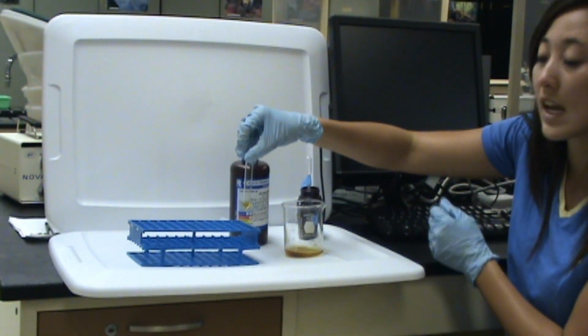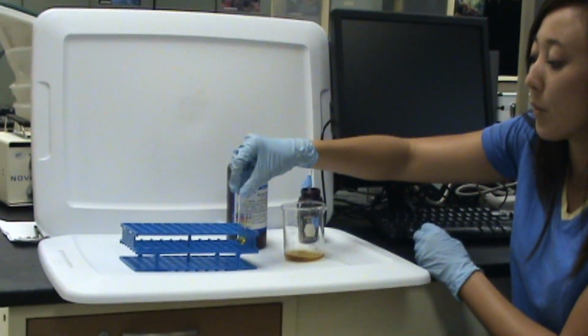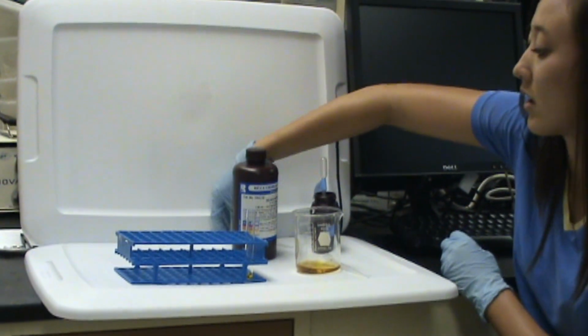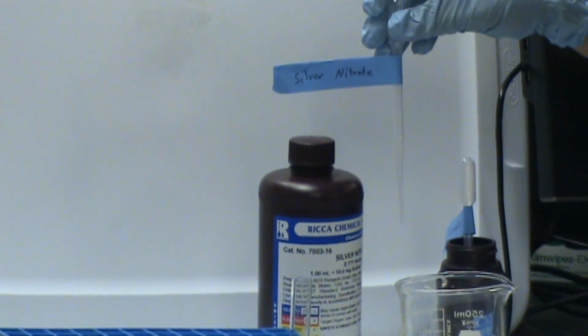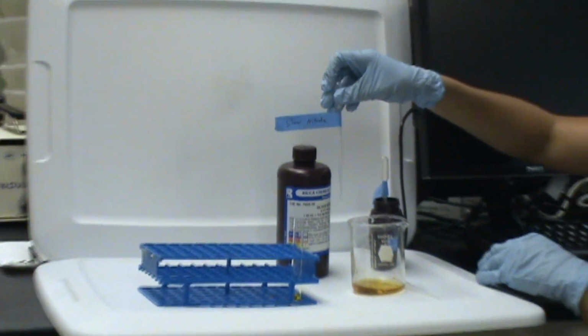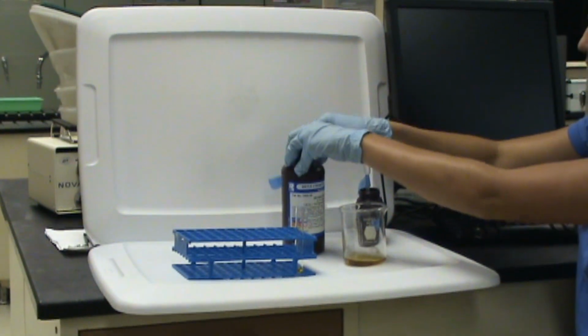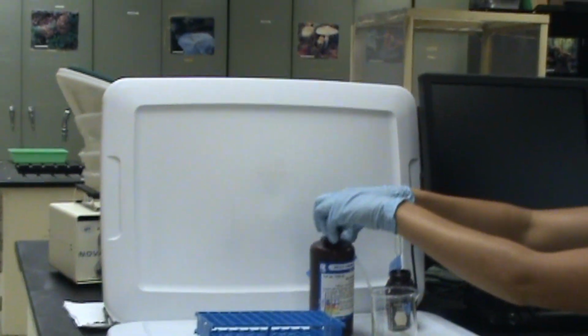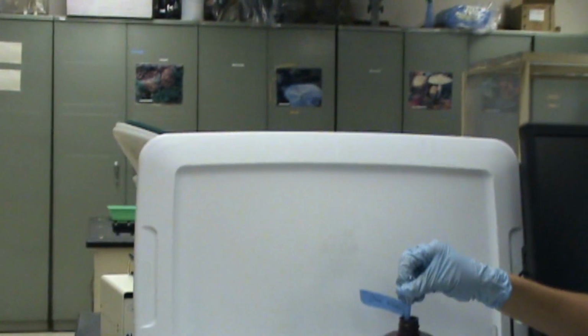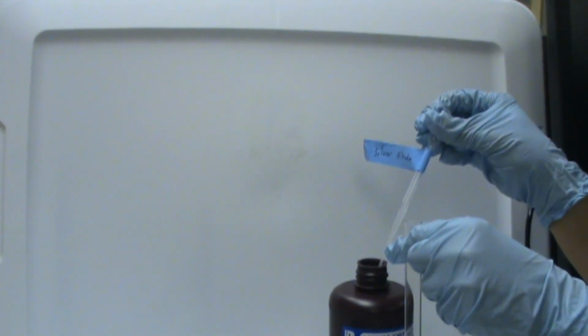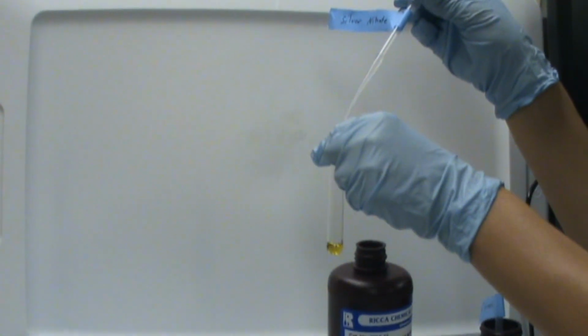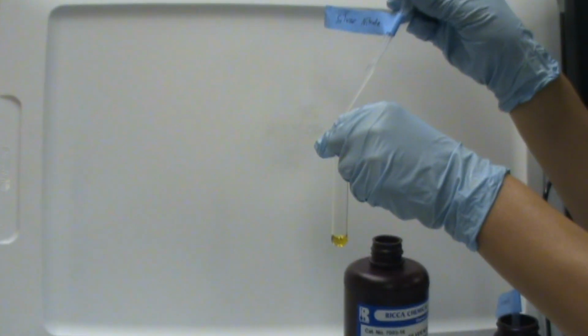So it should stay a yellow color. And then what we're going to do is drop silver nitrate, drop by drop, until the urine turns into a brick red color. So what we're going to do, make sure you count the number of drops that you place into the test tube.